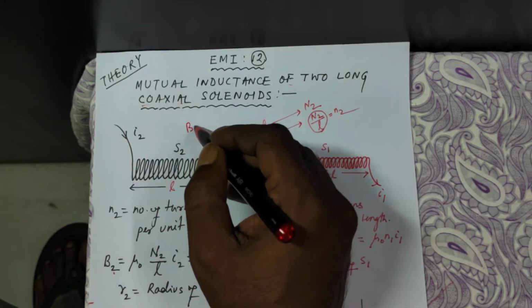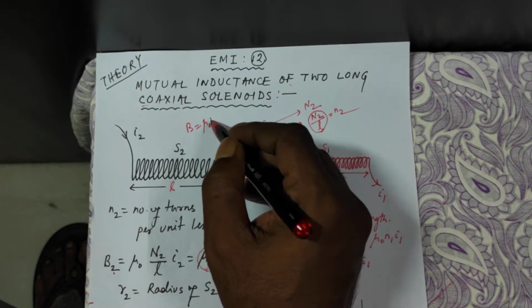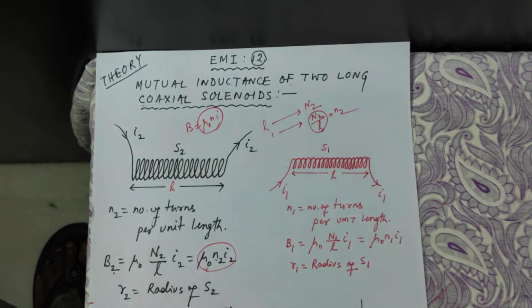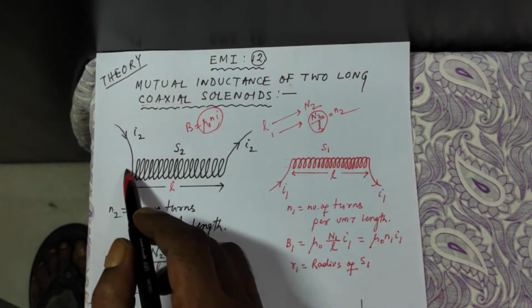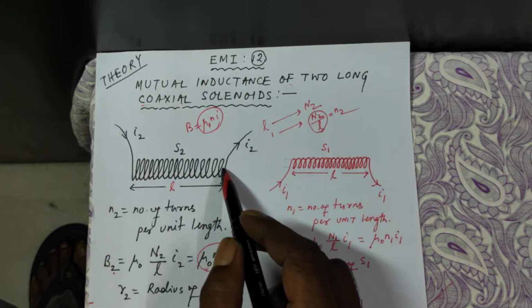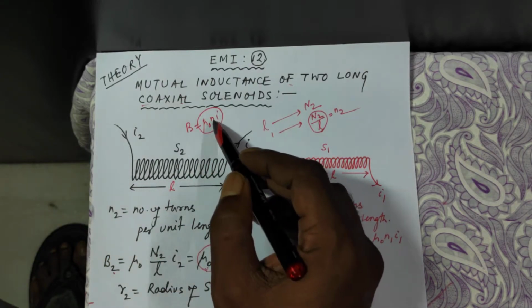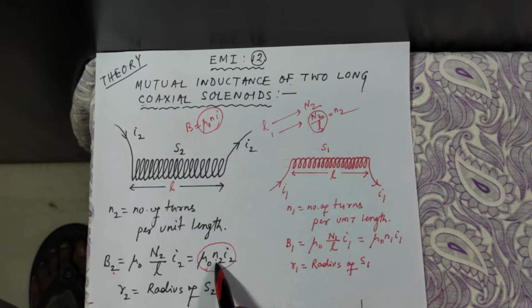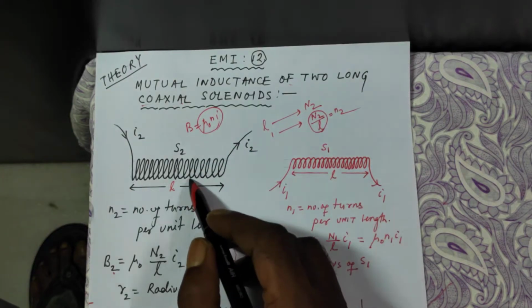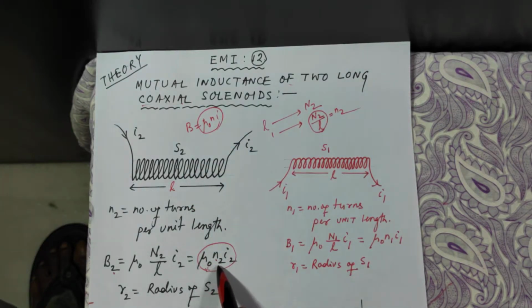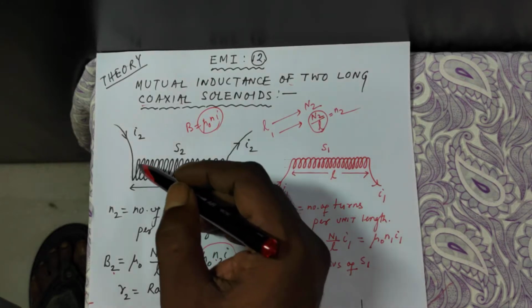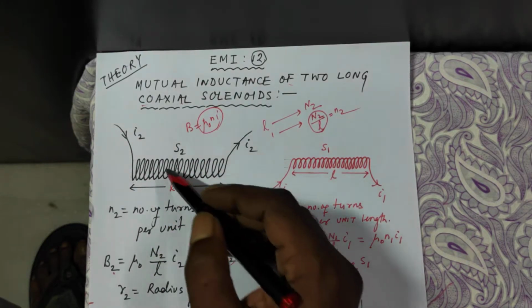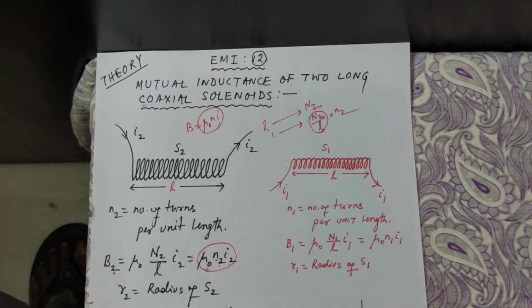Since it is an air core, therefore mu naught. N is the number of turns per unit length, I is the current. Here I am taking current I2, and the number of turns per unit length for this coil as n2, so B2 is mu naught n2 I2. And R2 is the radius of each turn, right?